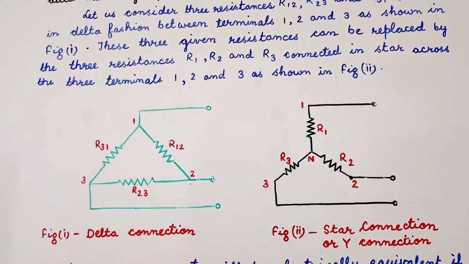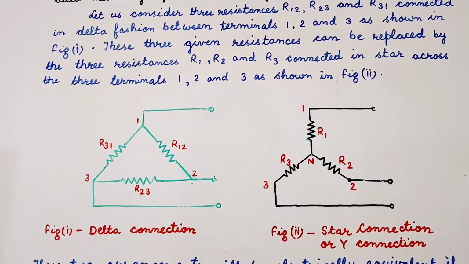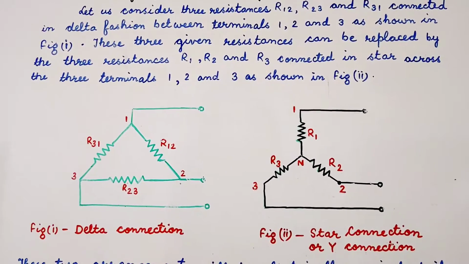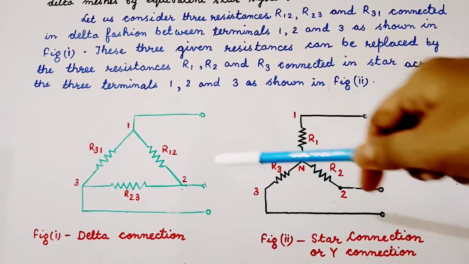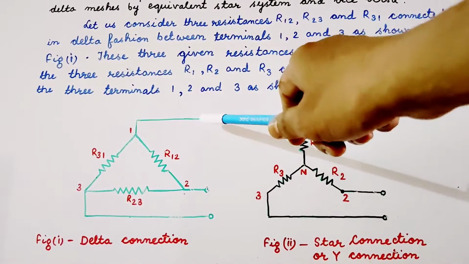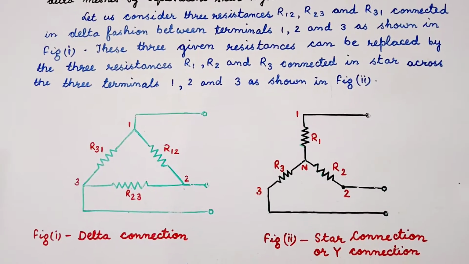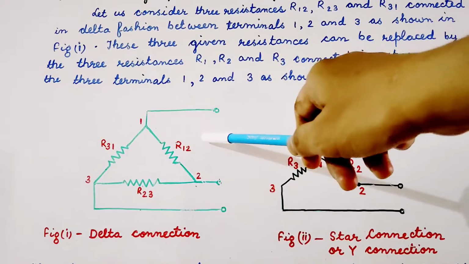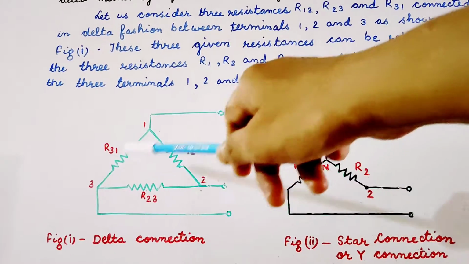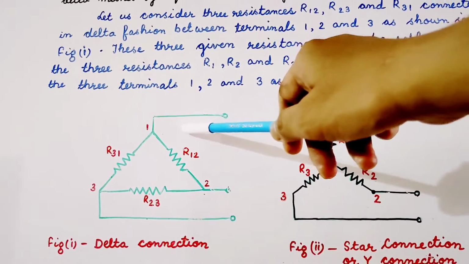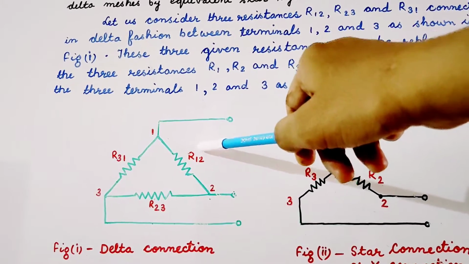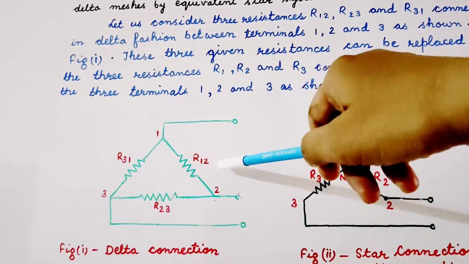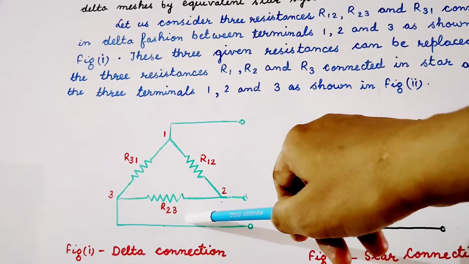Let us consider three resistances R12, R23 and R31 which are connected in delta fashion between the terminals 1, 2 and 3. In delta connection the three resistances are connected in such a way that one end of the resistance R12 is connected to R31 and the other end is connected to R23.